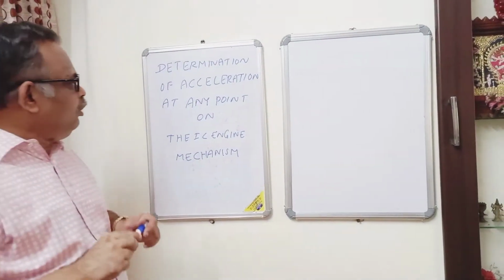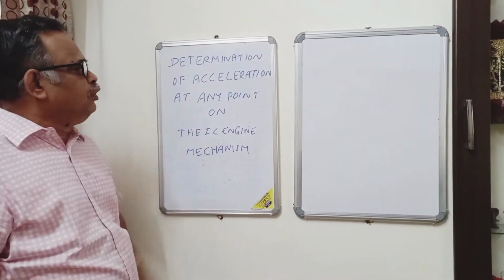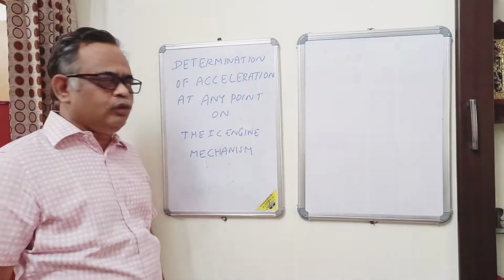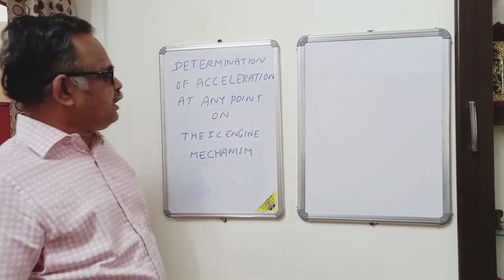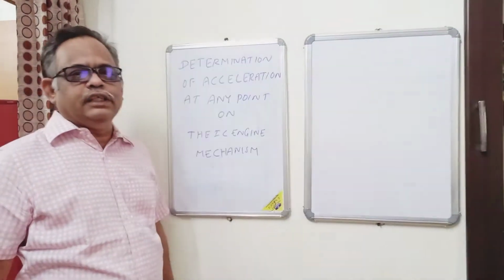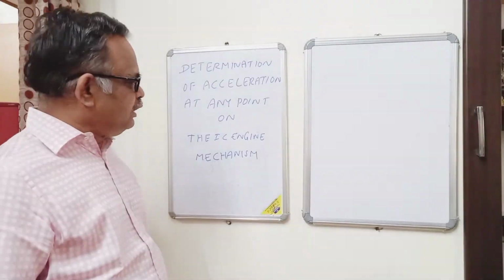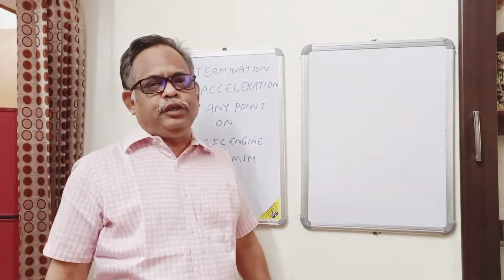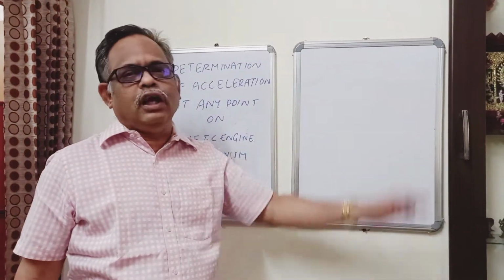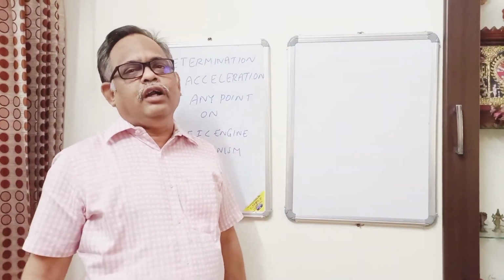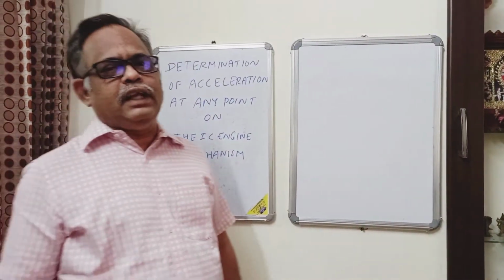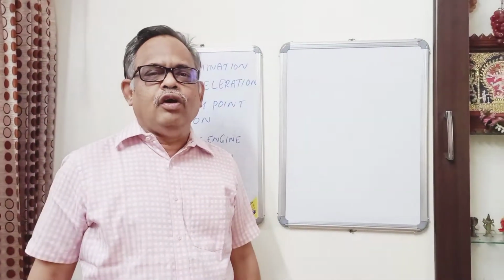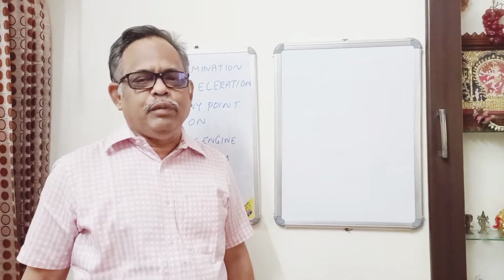I'm going to deal with this title. We are going to find out the acceleration at any point on the IC engine mechanism. This I will practically demonstrate to you: how to draw the acceleration diagram and find the acceleration at any particular point on the IC engine mechanism.